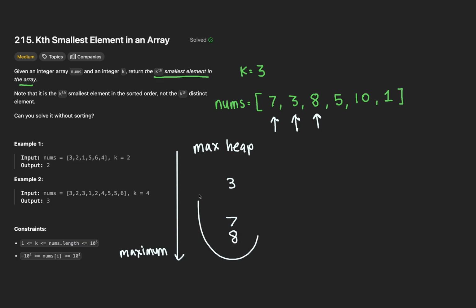We haven't exceeded 3 elements yet, but we will when we iterate to the next iteration where we have a 5 and insert it, making our max heap have one too many elements. A size of 4 is greater than our k of 3. So we'll call the pop function, thereby removing the current maximum number in our heap, thus revealing the third smallest element so far.